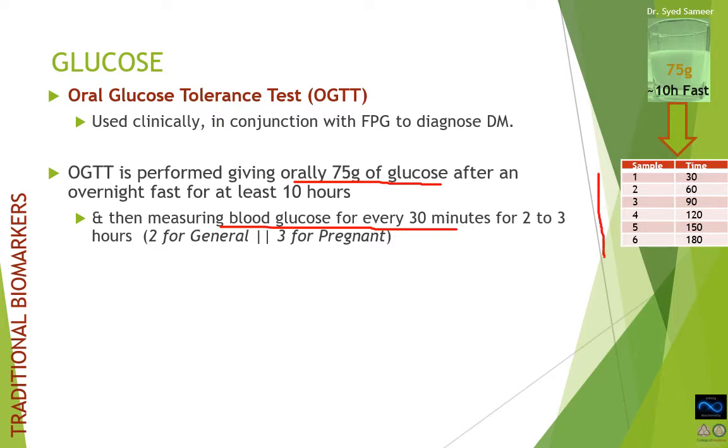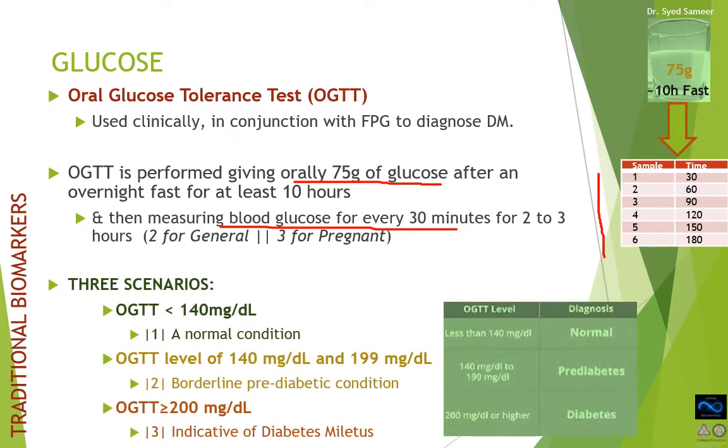Usually 6 samples are taken. There are again three scenarios for the OGTT, and the threshold here is greater than or equal to 200 milligrams per deciliter for the diagnosis of diabetes.